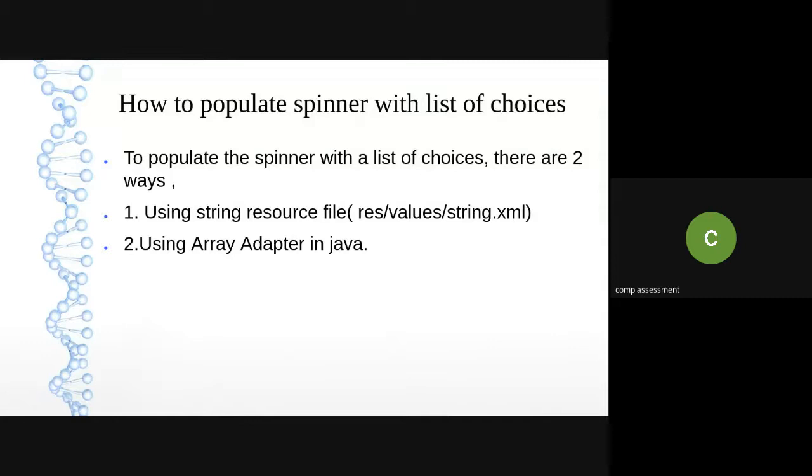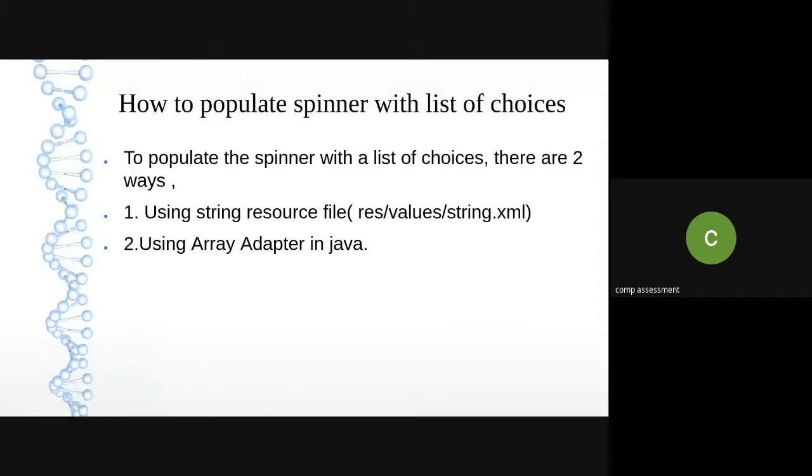So to populate the spinner with a list of choices, there are two ways. Okay, now I can assign a list of values or multiple options with a spinner by using the static method and by the dynamic method. So the first way is by using the string resource file.